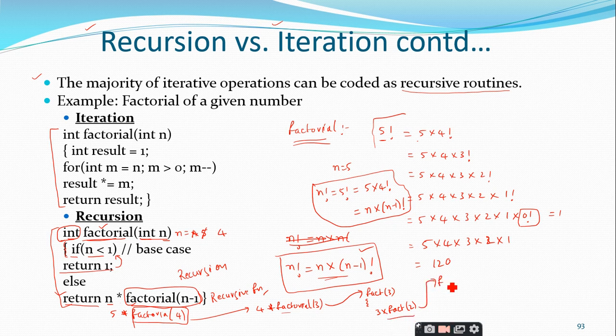It will again call the factorial of 2 function. 2 less than 1 is false. Therefore, it will execute this statement. So 2 multiplied with fact of 1. Again, this is a function call. Therefore, fact of 1 is called. Now you can see 1 less than 1 is again false. Therefore, it will execute this statement. So 1 multiplied with fact of 0. Again, there is a function call.